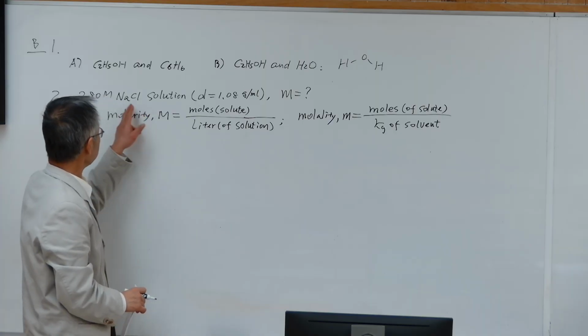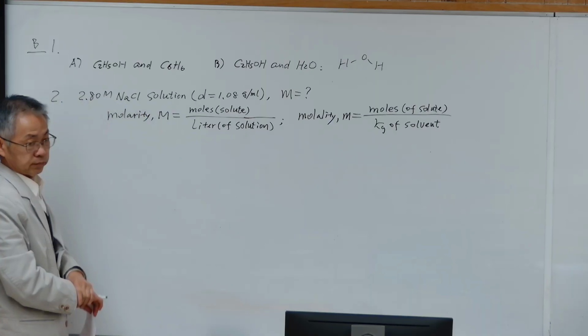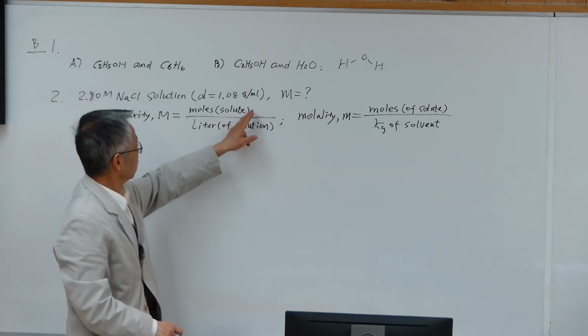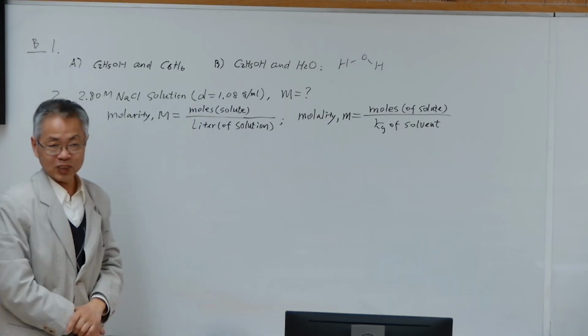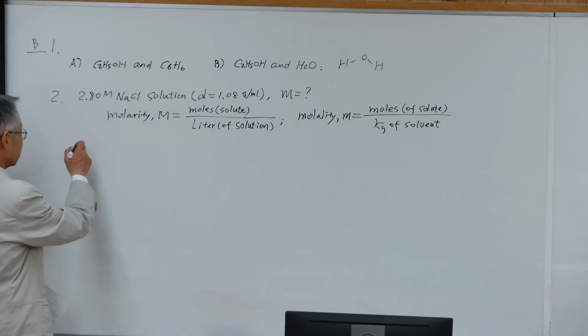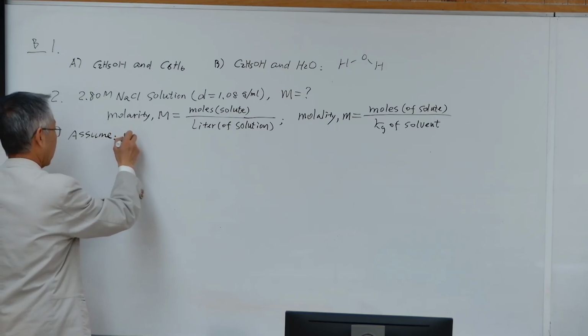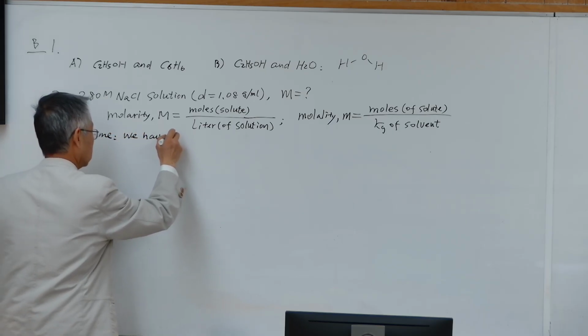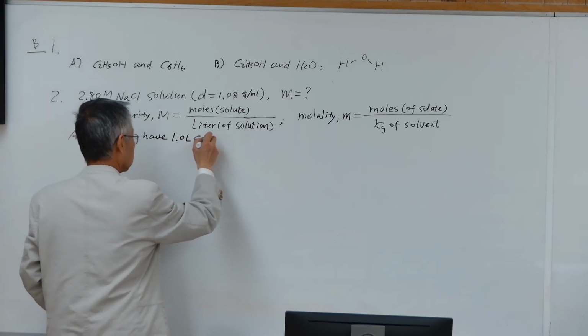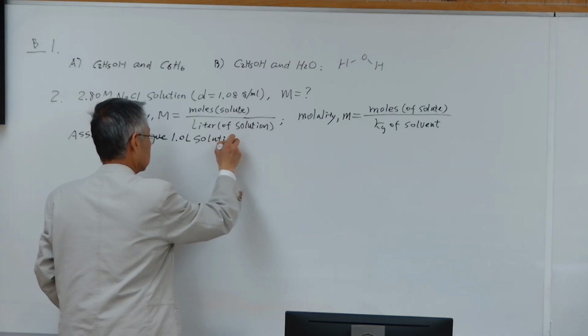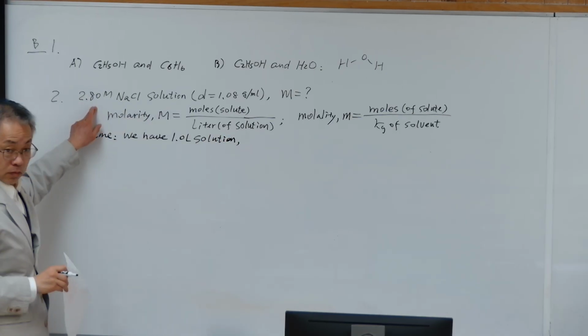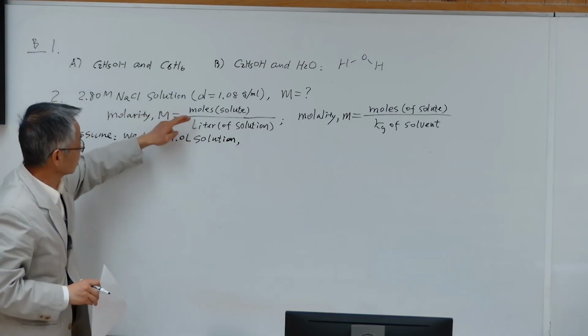Since here it tells us this solution is a molarity, and in both cases the numerator is moles of solute, right? So the easiest thing is, we have 1 liter of solution. Because it tells us molarity, and molarity is moles divided by liter.